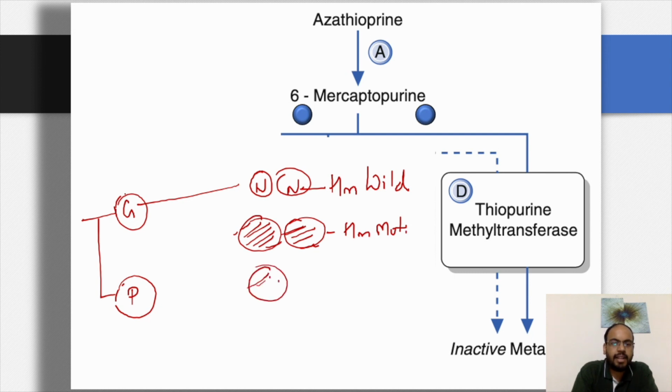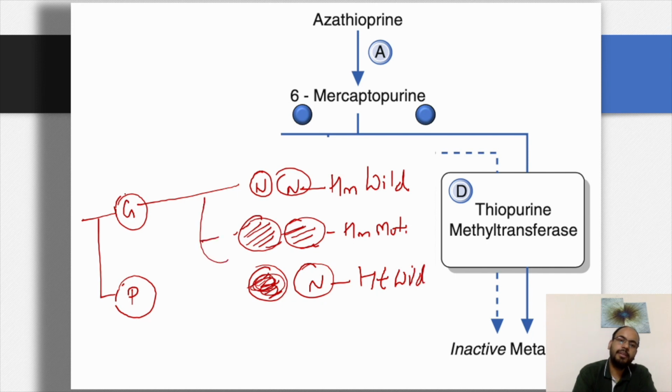And if one allele is mutated and the other allele is normal, this is known as heterozygous wild type. A good thing to remember is homo means same. So normal is wild type because that is the normal arrangement in the majority of the population. If both of them are mutated, then it is homozygous mutant type. If one of them is mutated, the other is normal, it's heterozygous, that means different, hetero, wild type.